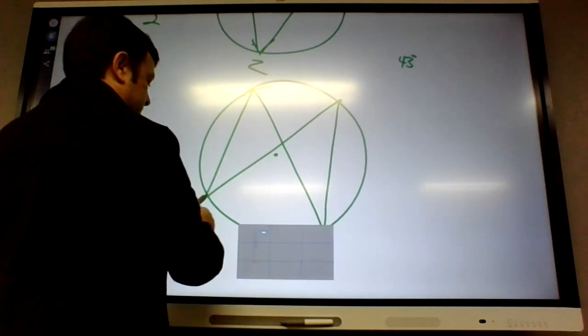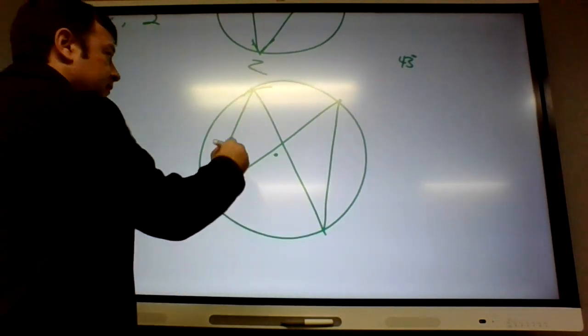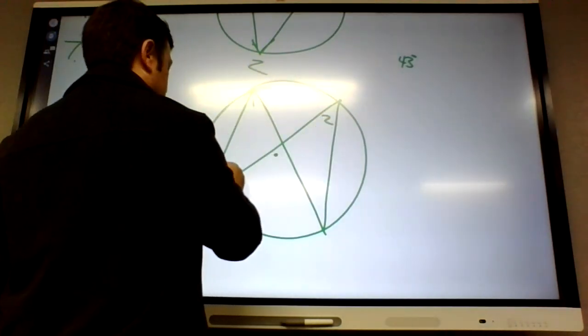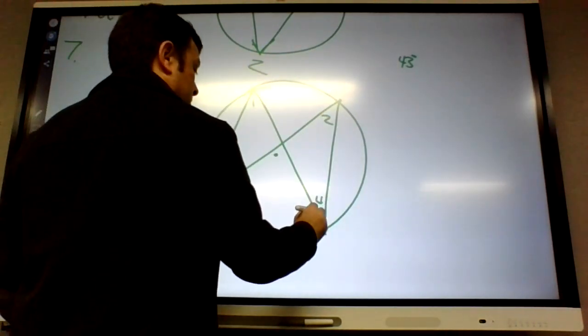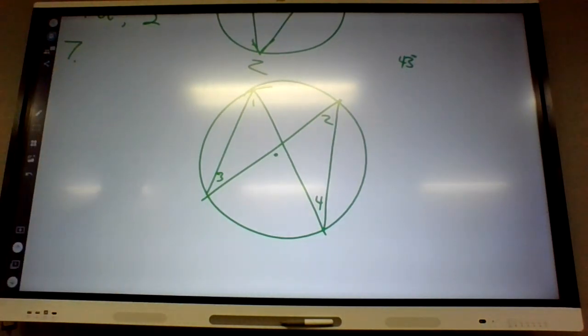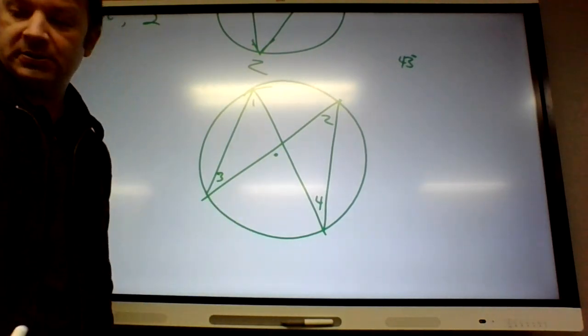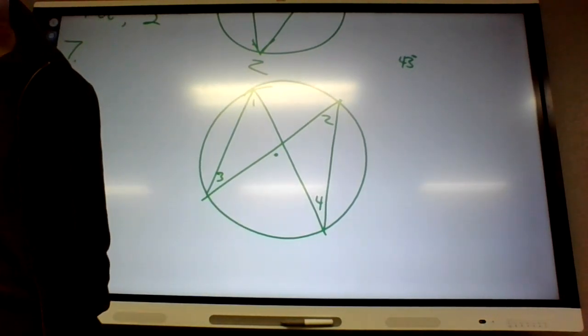That's pretty good. 1, 2, 3, 4. So 1, 2, 3, and 4, those are all inscribed angles, right? There is no central angle drawn, so it does not go through the center.